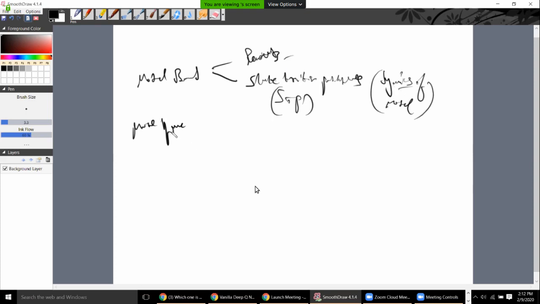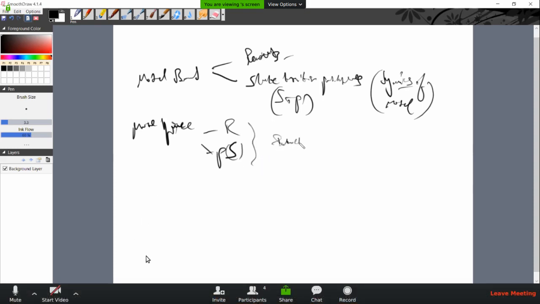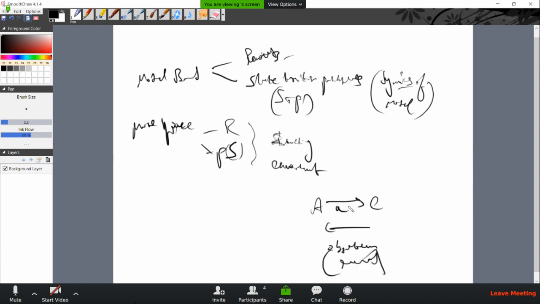But in model-free methods, you are assuming that you don't know this. You don't know about R, you don't know about P of S. So we have to learn it by interacting with your environment. You have your agent and your environment. You take some action and you receive some observation, which is nothing but your reward.